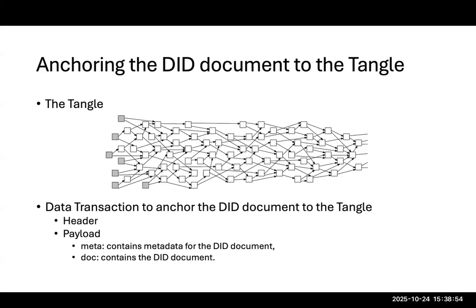Now, a few words on the VDR. We know very well the format of the DID, but we need to understand which kind of VDR we have at the core of this solution. In this specific case, we have the Tangle.